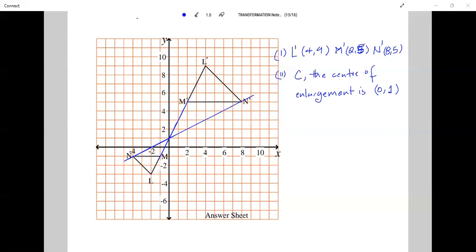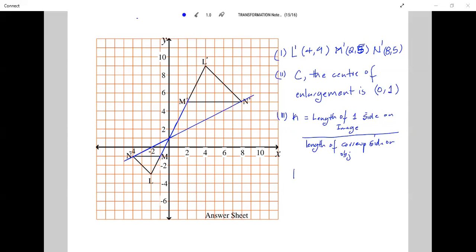Next, we're asked to find K, the scale factor. K is equal to the length of one side on the image divided by the length of the corresponding side on the object.